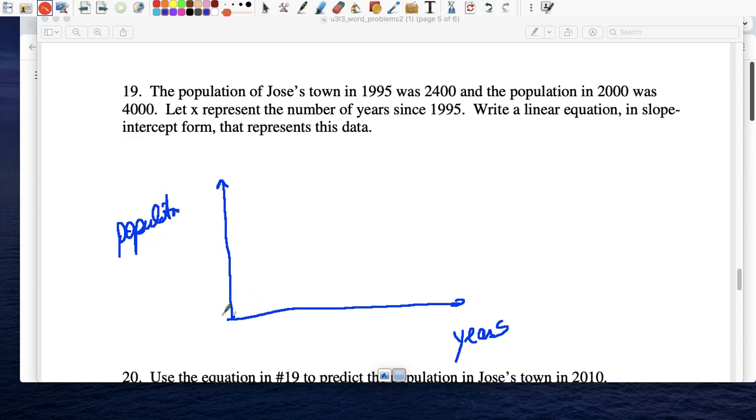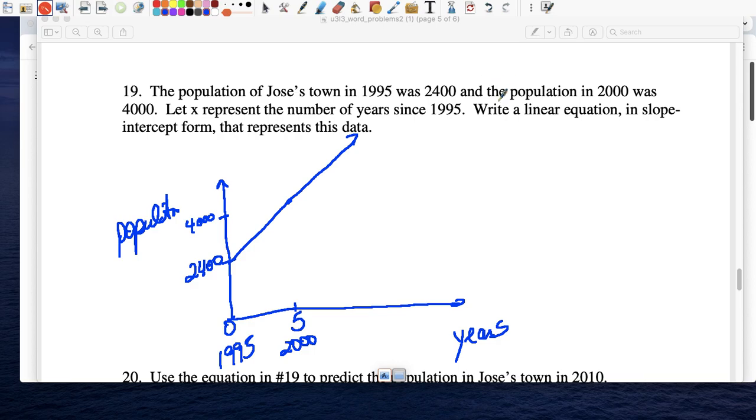And it says here that in 1995, or the year I started, we call it year 0, there were 2,400 people in this town. And then in 2000, I'm not going to call it 2000, 2000 is going to be represented by 5 years later. 5 years later, I have how many? 4,000 people in this town. So that's what my line looks like.